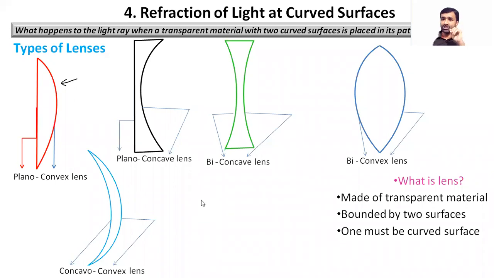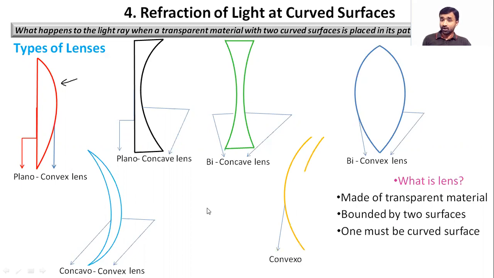Then another combination is the left surface convex and the right surface concave, right? So the left surface is convex and the right surface is concave, then making that three-dimensional. So finally we can name it a convexo-concave lens, right? Clear?